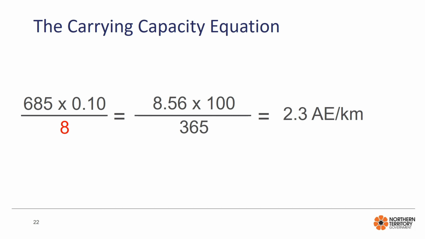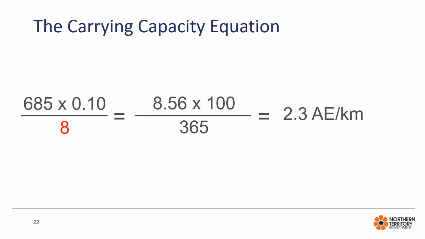Now we want to turn that into AEs per square kilometre because that's more useful for us. So we times it by 100 to get our area, and we divide it by 365 days of the year, and that gives us 2.3 AEs per square kilometre for limestone country in really good condition.